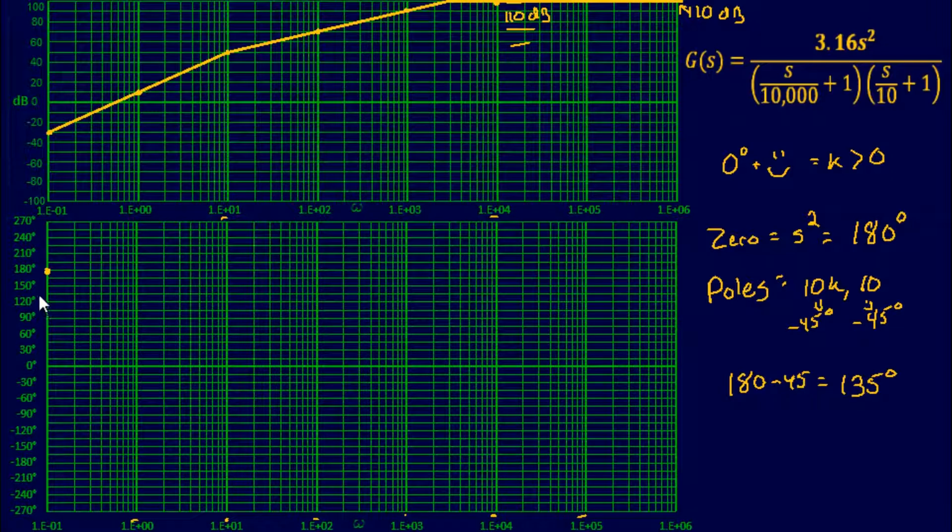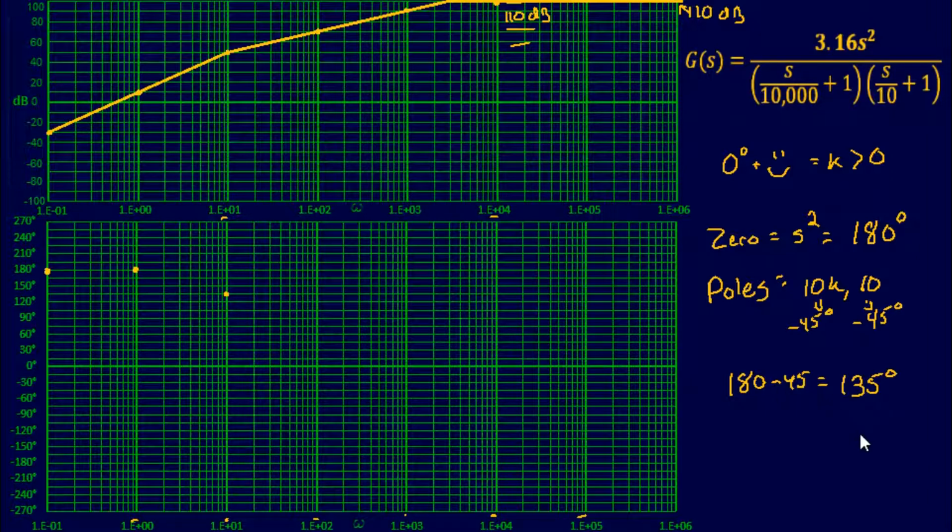So if that's 20, it should be right 135 degrees. So we know we dropped 45 degrees right at 10. If you go one decade before, remember this is your slope, we're going to go up 45 degrees, which is your 180, right there. Then we're going to go one decade after, another 45 degrees.